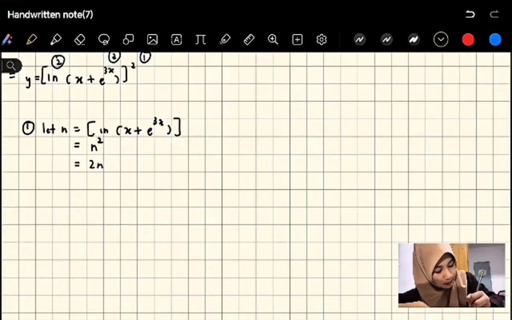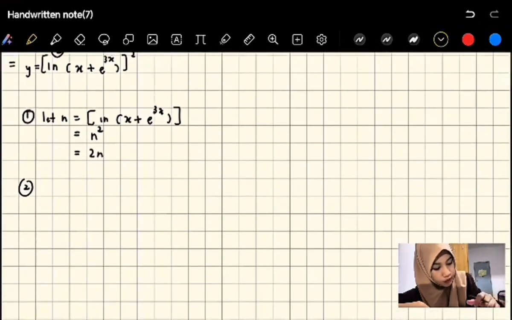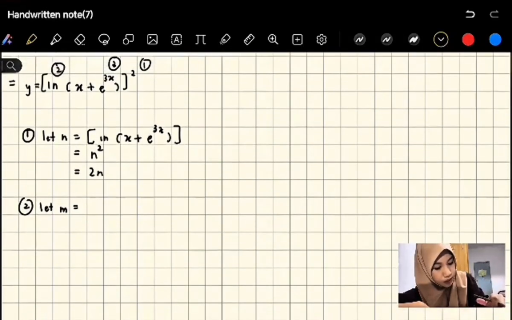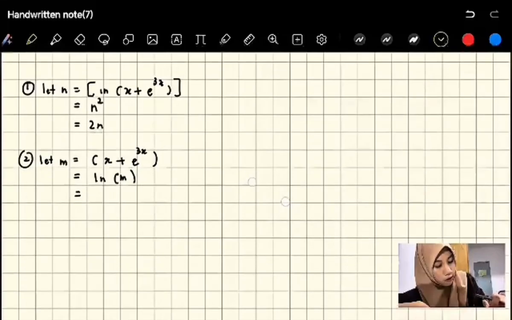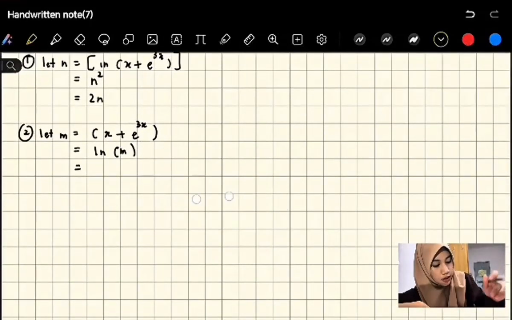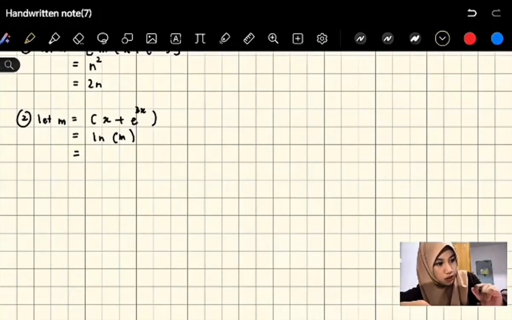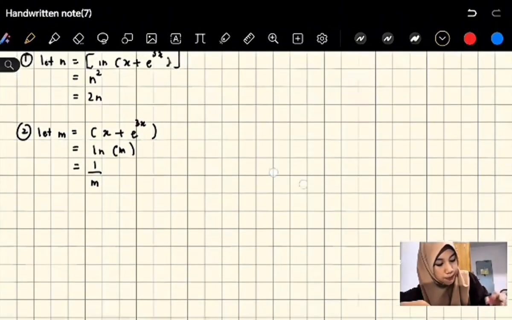The second step is we let m equal to x plus e to the power of 3x, so it will become like this. And then we use the technique of differentiating the logarithmic function, so it will become 1 per m.